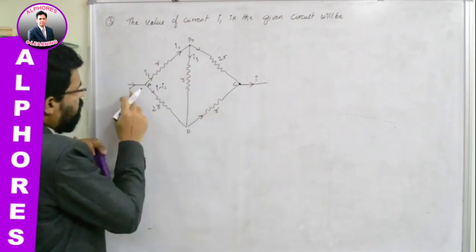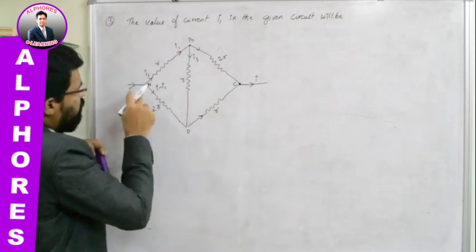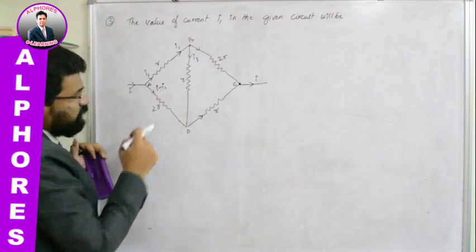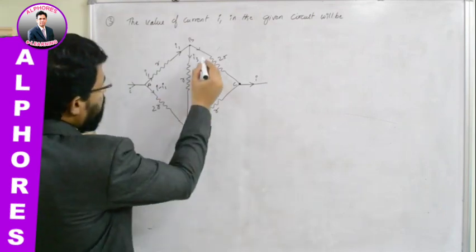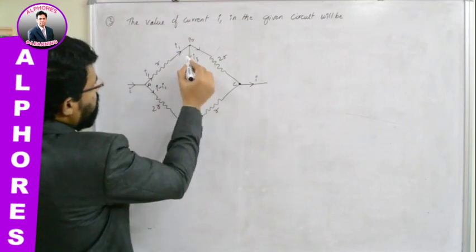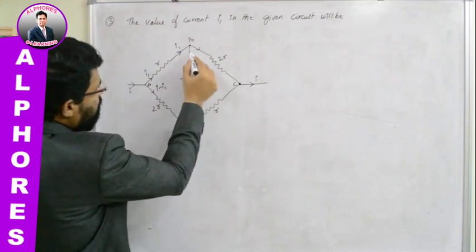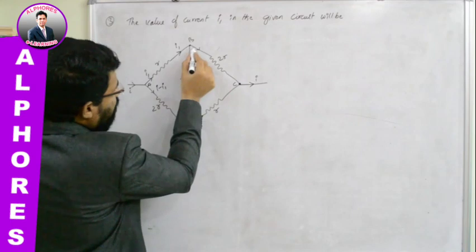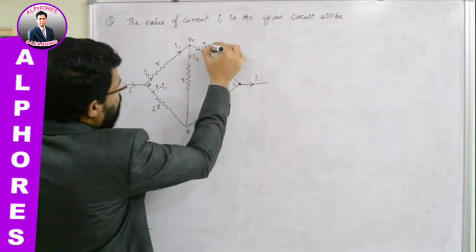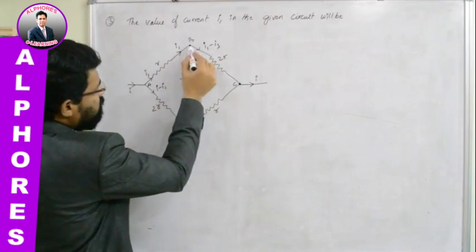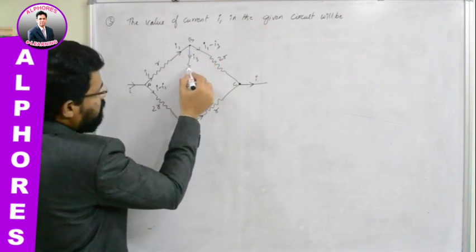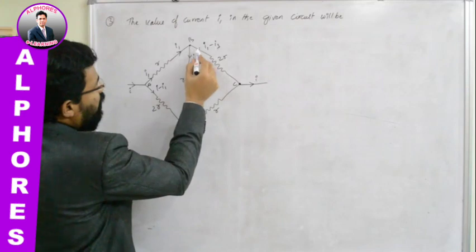Out of I, I1 went along this direction. The remaining current is I minus I1. Now here I1 current is approaching junction B. From this junction B, I3 current is leaving. So the current leaving along this direction will be I1 minus I3. I1 is entering, some current I3 is leaving the junction along this direction, and the remaining current is I1 minus I3.